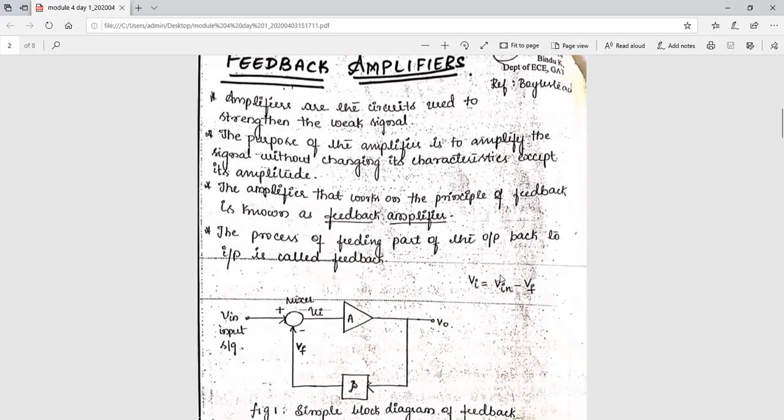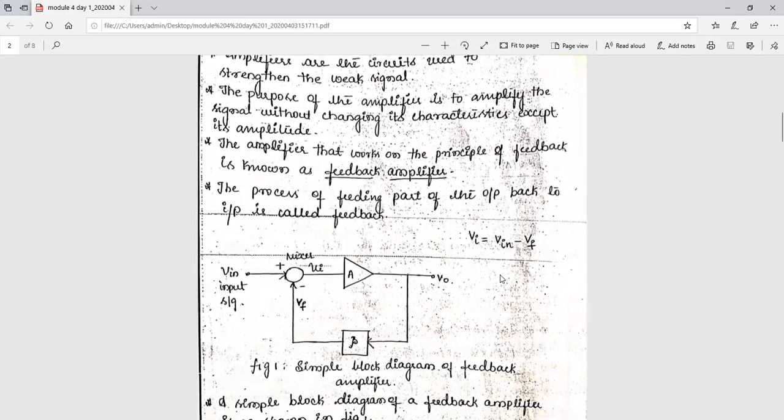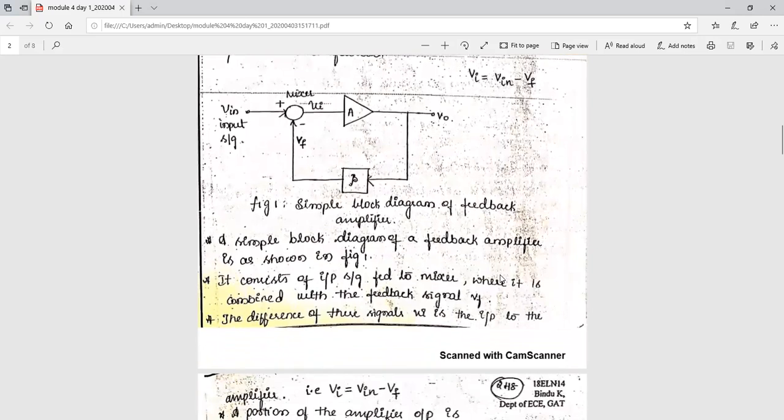Now, if you see the simple block diagram of the feedback amplifier, we can clearly see here that the element A is nothing but your amplifier, and the element B is your feedback network. Clear?